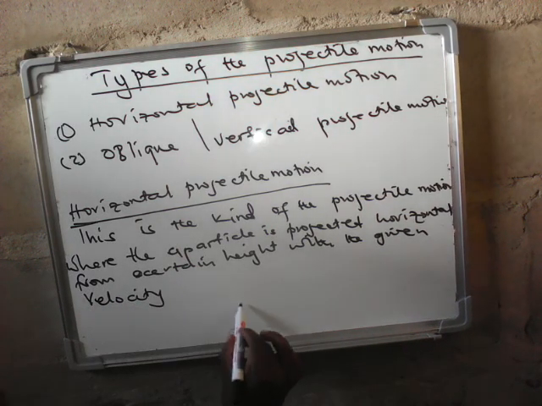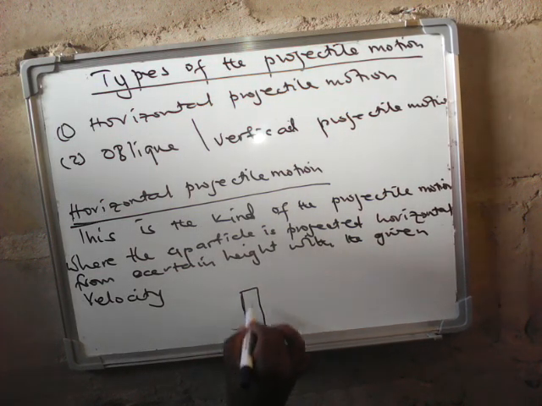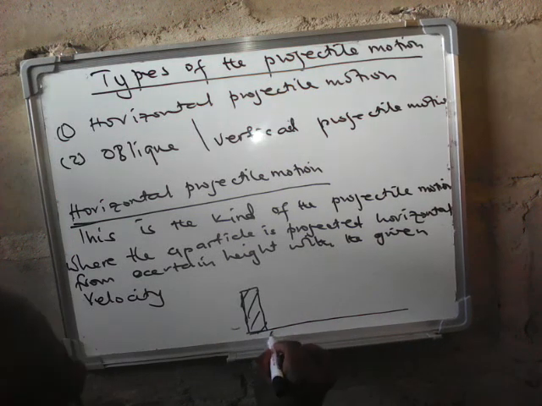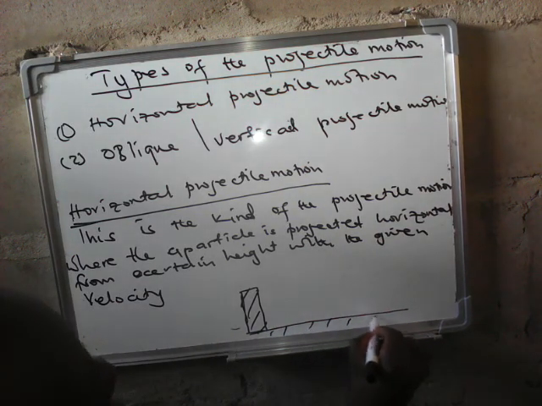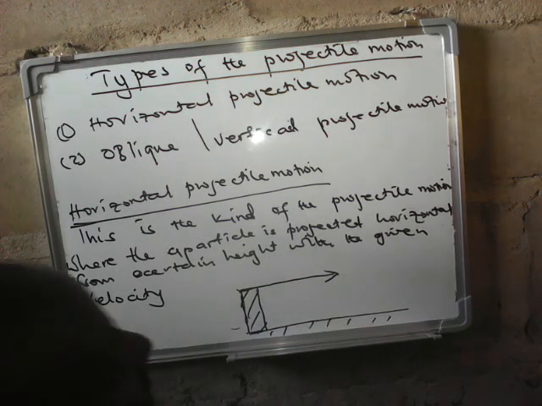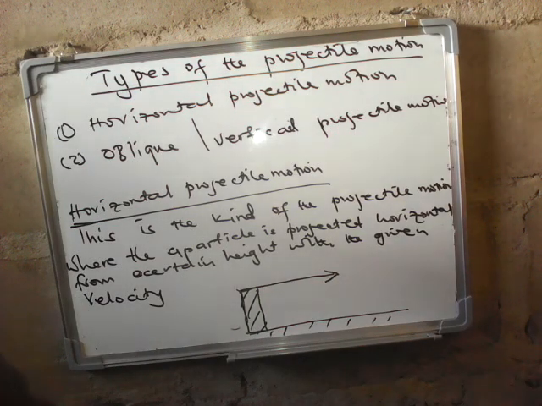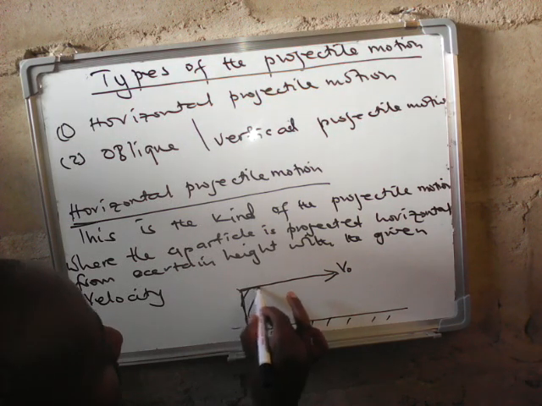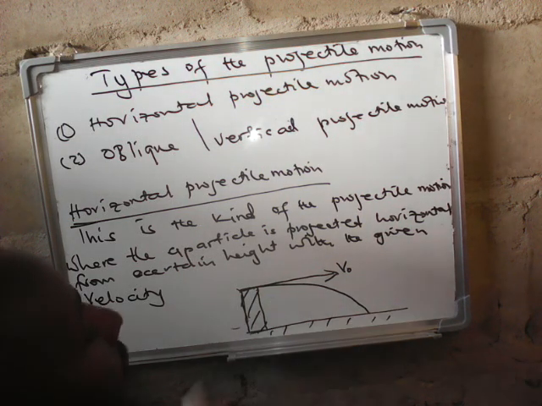And then if we try to sketch it, this is at a certain height, this is the level ground, and then you project it at a certain distance with a certain velocity, and then it moves in that way.